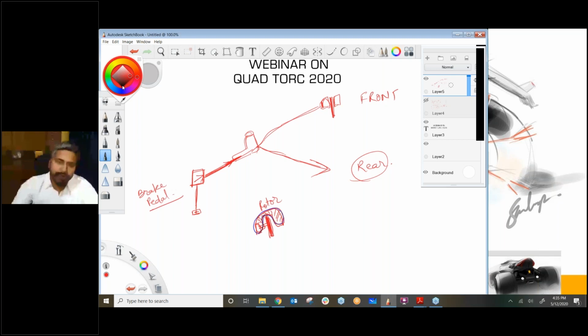Just ask your driver to sit in that particular manner in which he will be sitting on the vehicle, and ask him to apply the force as if he is pressing the clutch, pressing the brake pedal in the actual case scenario. I mean, suppose this is your quad.